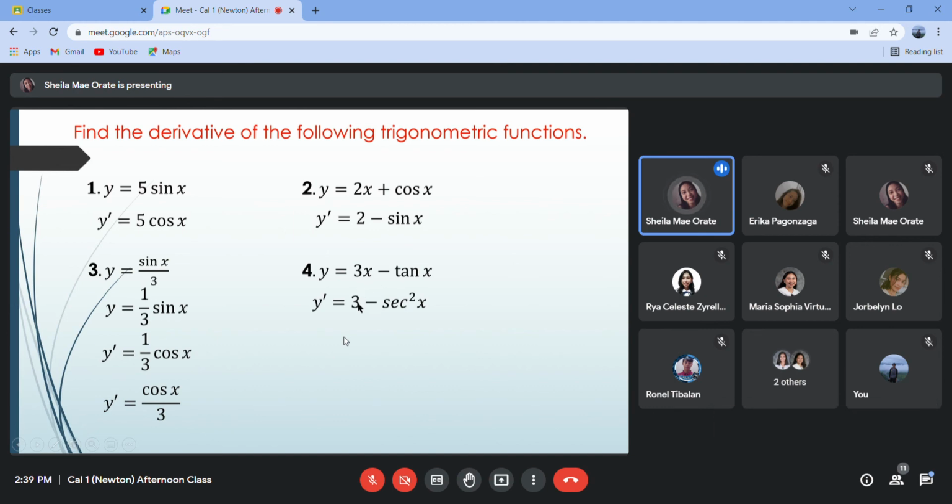So, we have here the derivative of 3x is 3. Derivative ni tangent x is secant squared x. Very good. How about this one? Y is equal to negative 3 cosine x.